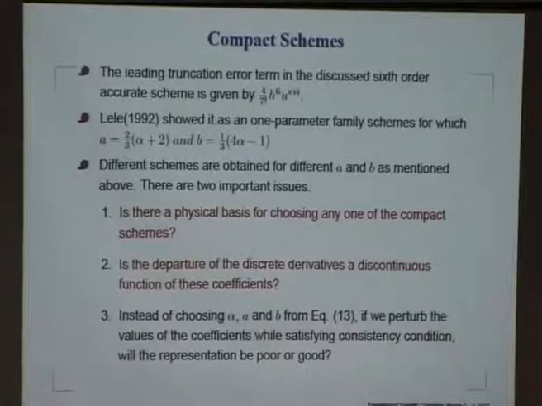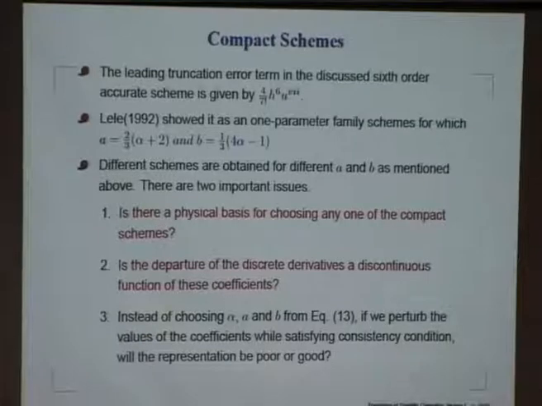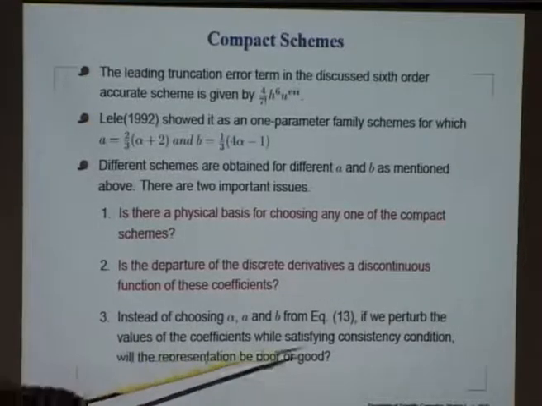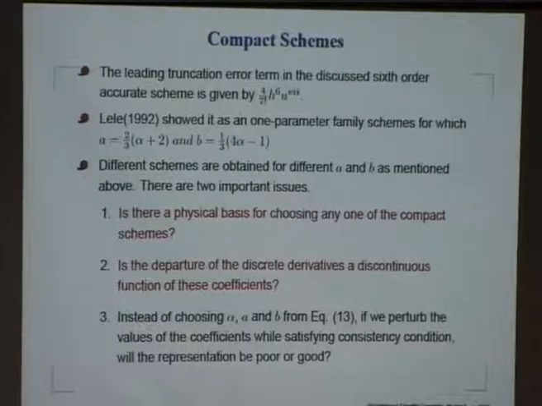Now, that's the question that we are posing here in the end: if we perturb these coefficients from their obtained values, apart from satisfying the consistency condition. So whatever perturbation we do give, the perturbation should still satisfy the consistency condition. You recall that 1 plus 2 alpha should be equal to a plus b, that we have written, right?